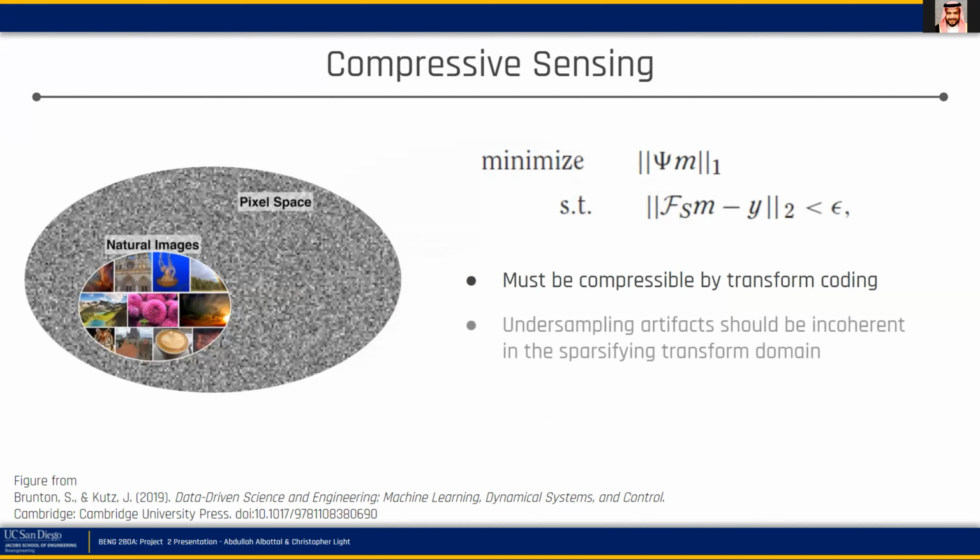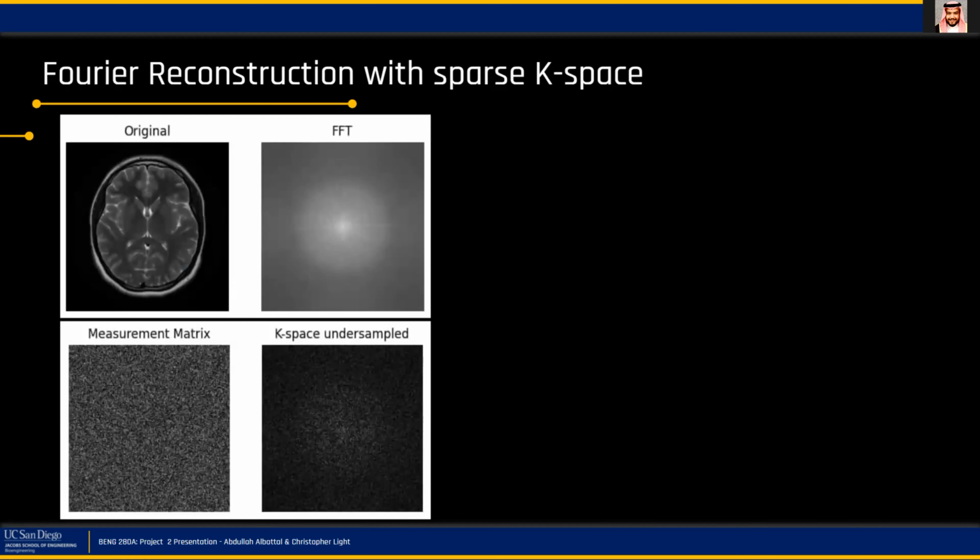And this constitutes a convex optimization problem that we can solve so long as three conditions are met: the sparsity, the incoherence, and the nonlinearity of the minimization. So long as those three are met, then we can find such an M vector that would be the minimum solution to this.